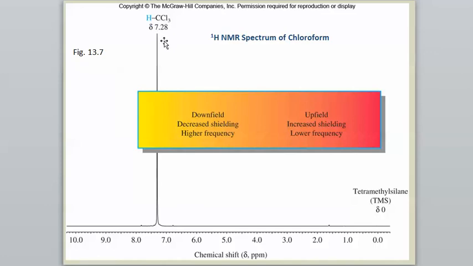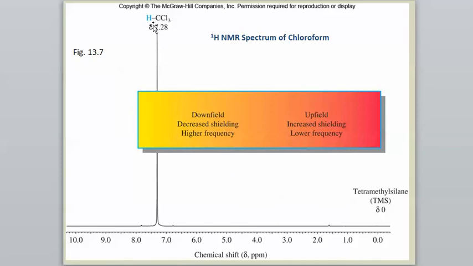And notice it's at 7.28 on this scale. Other compounds with different hydrogens would produce other peaks, sometimes several peaks, but they tend to have their own unique chemical shift. So if we know for a given chemical shift what type of hydrogen to associate it with, that helps us a good deal.